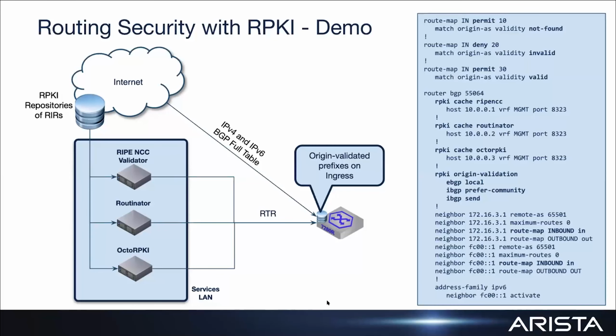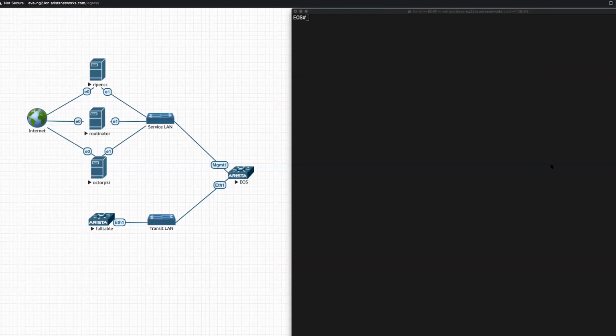For IBGP, we prefer the origin validation state community if it is attached, otherwise fall back to the cache. And for outbound IBGP members, we want to attach the extended community I just mentioned. So now I would jump on my demo system and give you a quick glimpse.